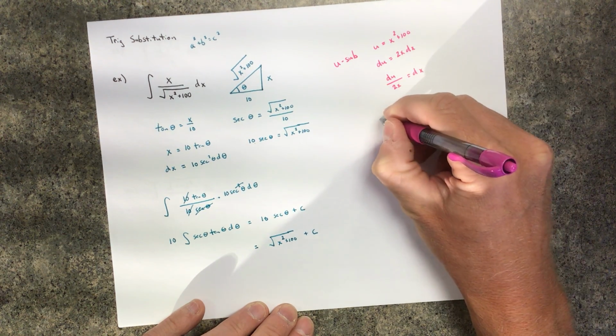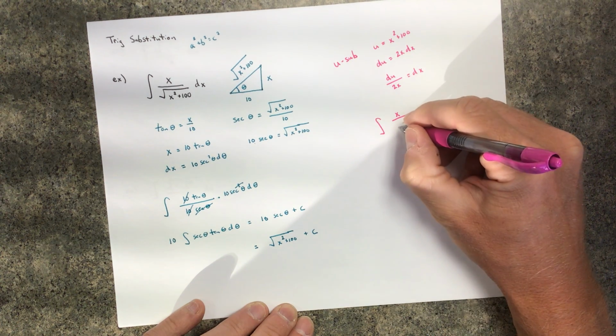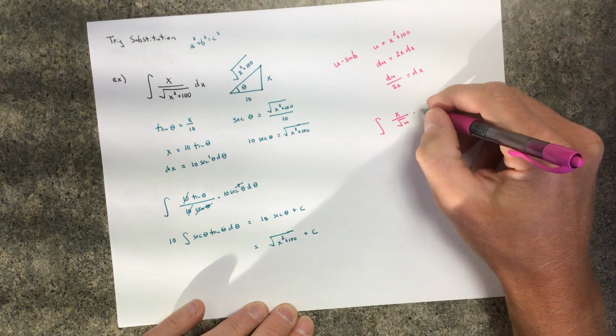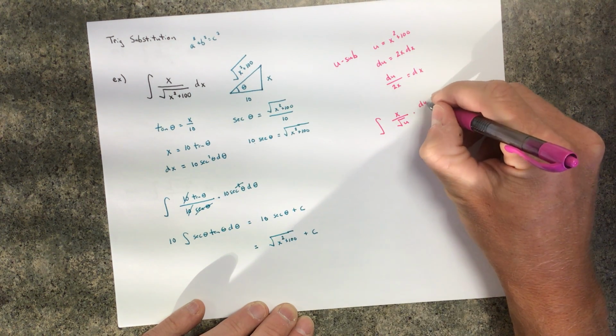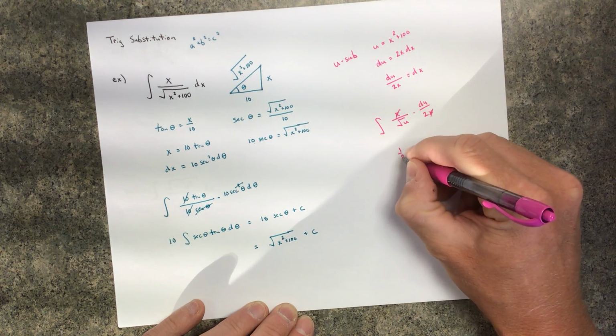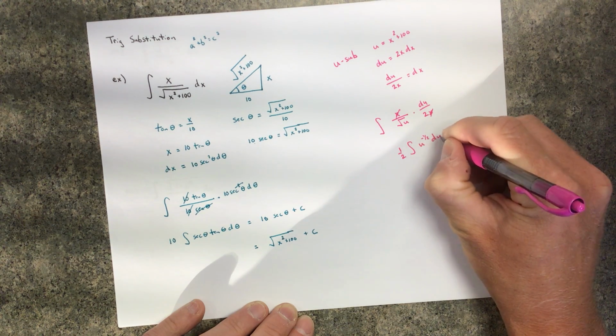The integral is x over the square root of u times dx, where dx is du over 2x, so cancel, bring out the half. This is really just u to the negative 1/2 du.